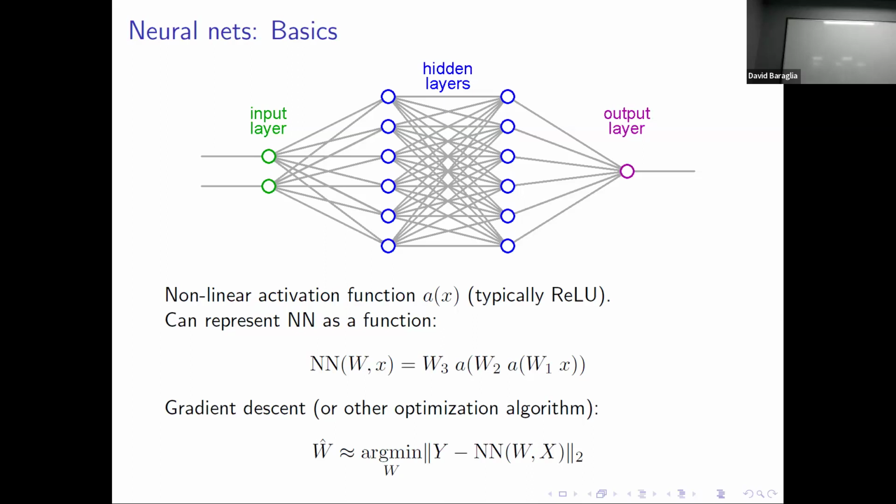So what we do is we feed in our training data, observe what the output is, compare it to what we want the output to be, and then use that distance, that error, and then feed that into an optimization algorithm such as gradient descent that will then change those weights in the matrices in order to iteratively get closer and closer to the behavior that we want from the function.